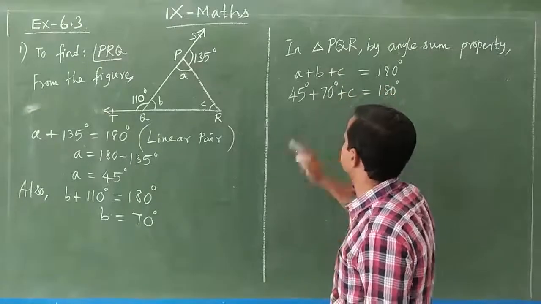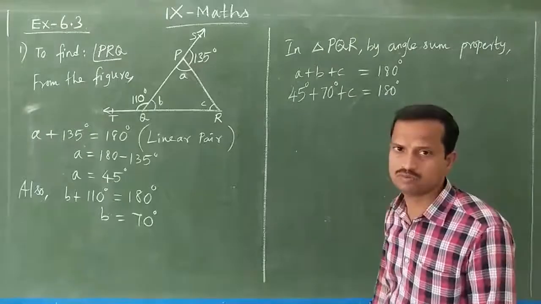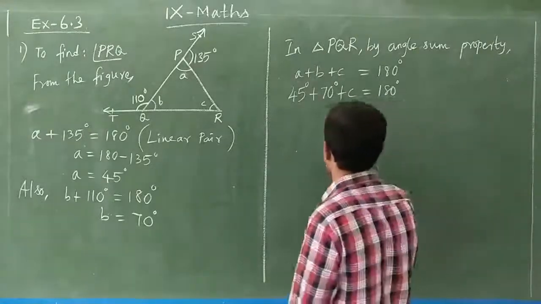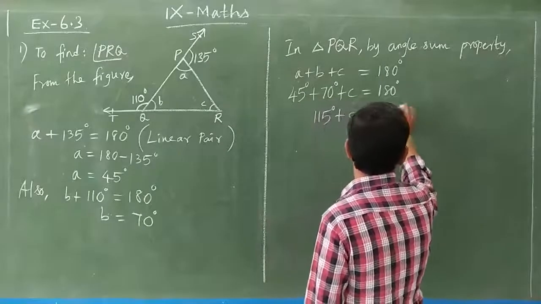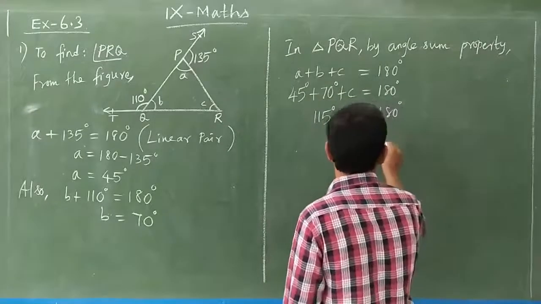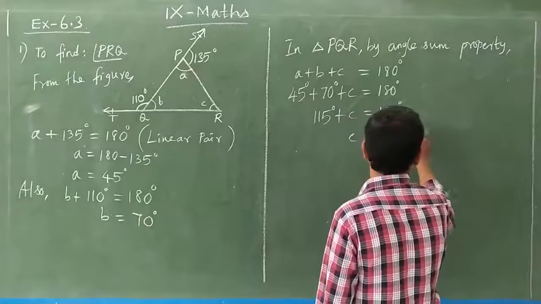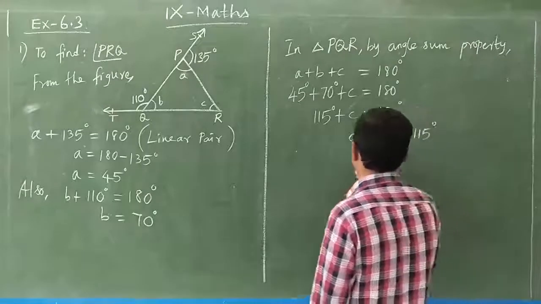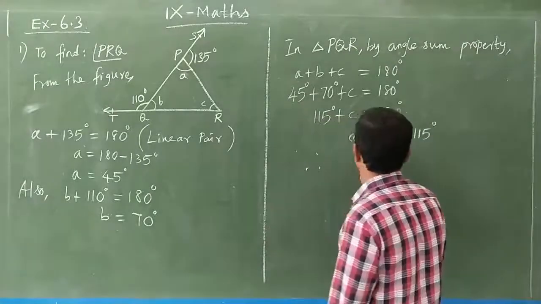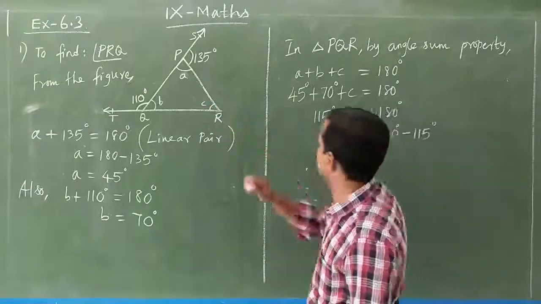So if you add these two, what do you get? 70 plus 45, 115. So 115 plus C equals 180 degree. So C equals 180 minus 115. So what is the answer? Therefore, angle C is nothing but PRQ.